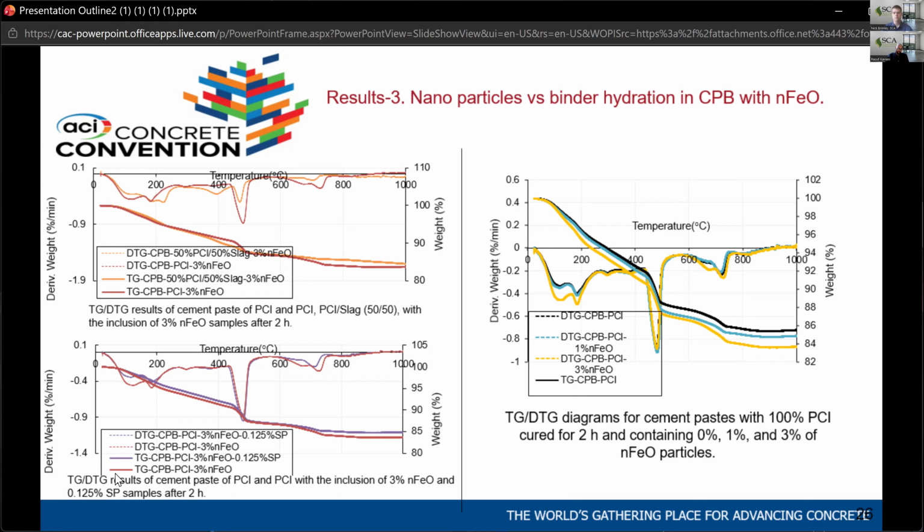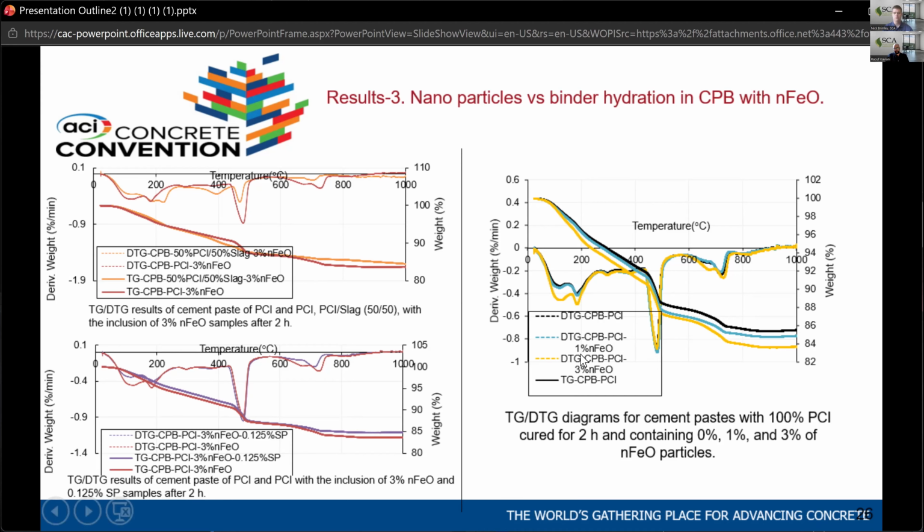So the purple one is with superplasticizer and the red one is without superplasticizer. You see the hydration with superplasticizer is less in 2 hours. All the results are in 2 hours, I didn't mention it before. The XRD and TG-DTG results are within 2 hours. So the more superplasticizer we add, the more the hydration is delayed, which also makes sense.